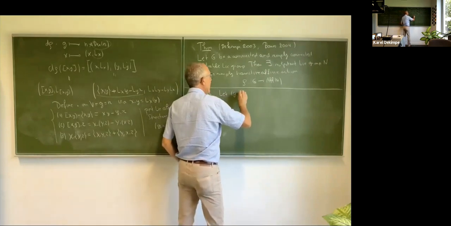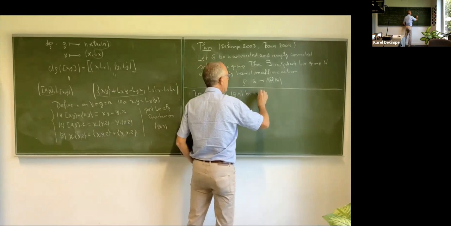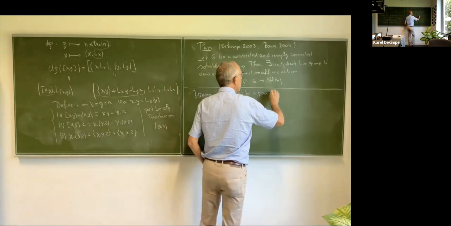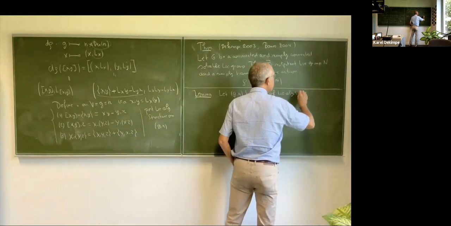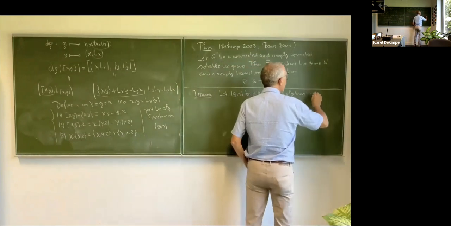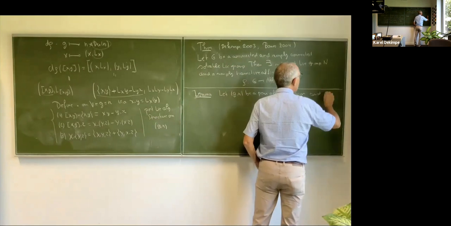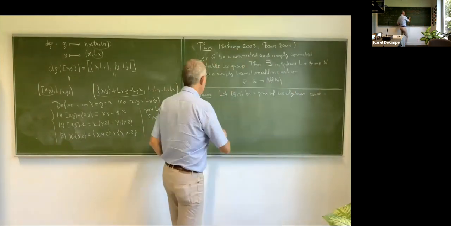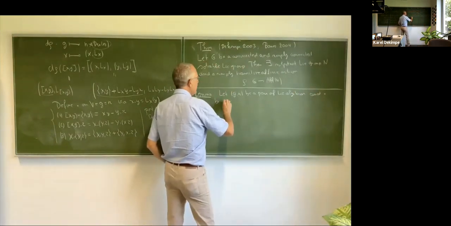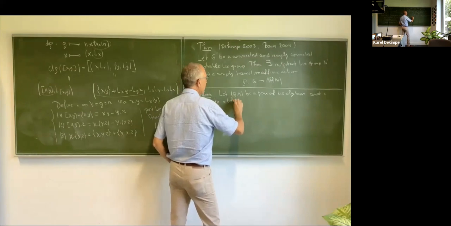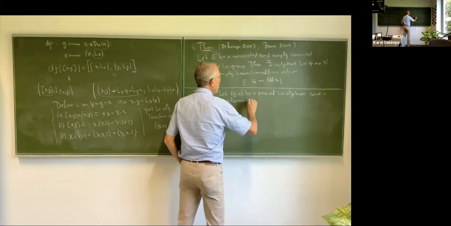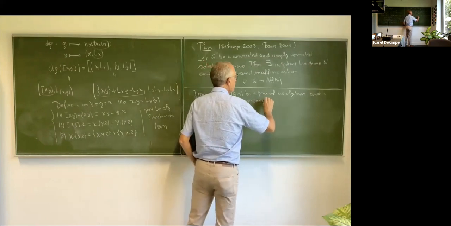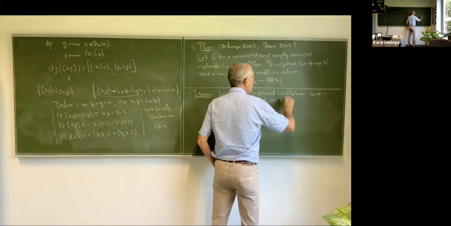Let Gn be a pair of Lie algebras and dot be a bilinear product on the underlying vector space.